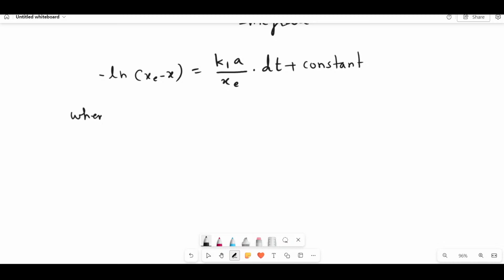At t is equal to 0, x will be equal to 0. Therefore, this term becomes 0. Ln of xe is equal to the constant.